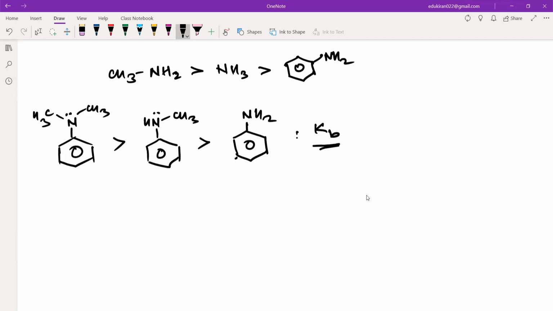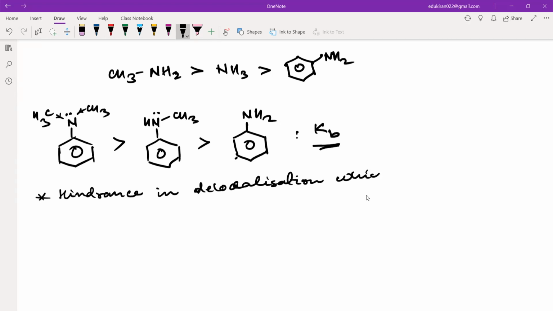If you have N,N-dimethyl benzene amine, then it is going to be more basic, because this electron pair is not delocalized efficiently because of the big bulky groups here. Also, the CH3 groups have a plus I effect. So two reasons. First, hindrance in delocalization, which makes the lone pair electron available.